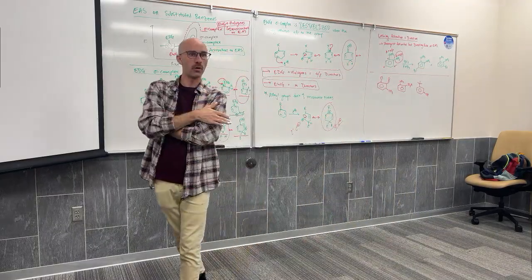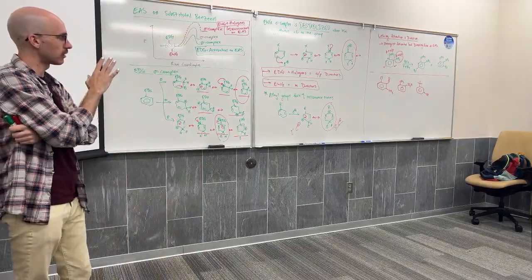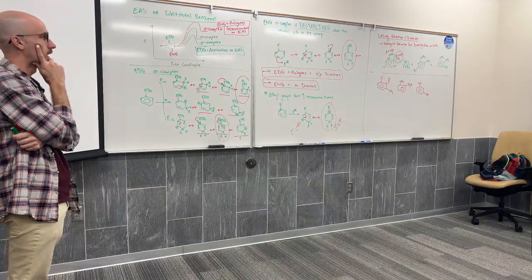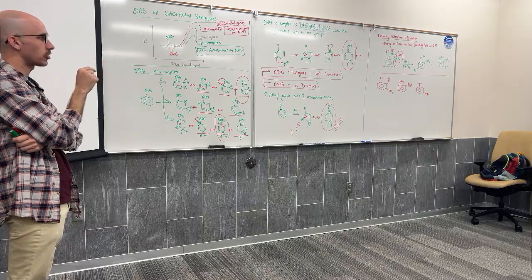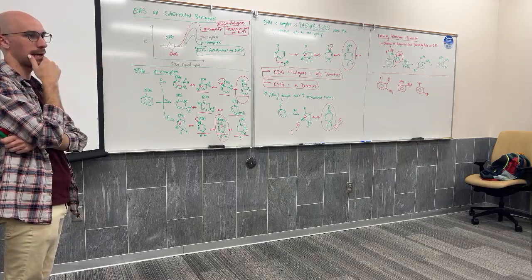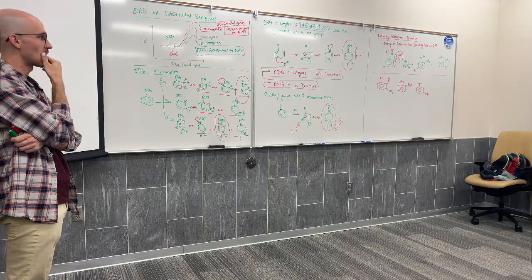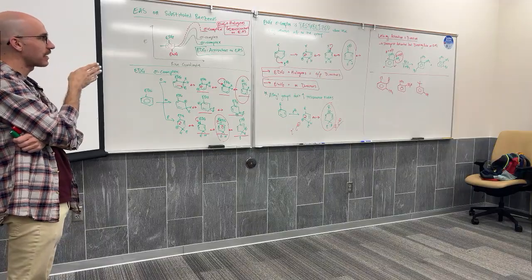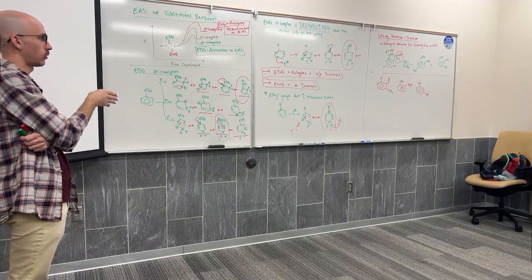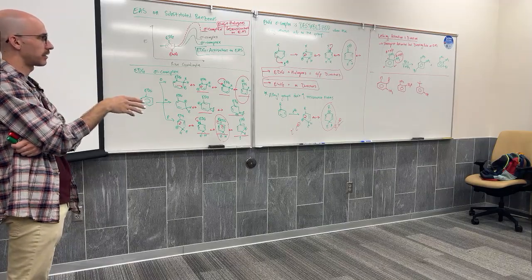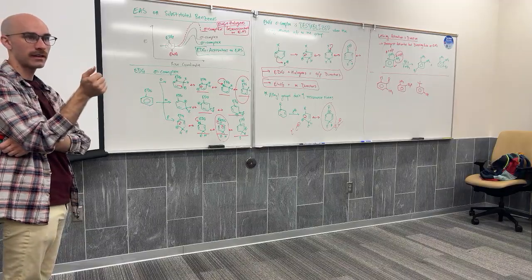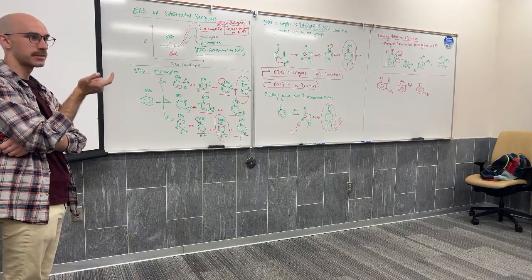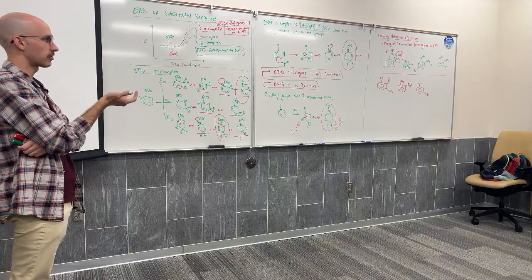So one of our goals should be to look at a molecule like this and say, how does each group play a role in the reaction in EAS? Is it an activator, a deactivator? Is it ortho-para directing? Is it meta directing? Then we should be able to find the strongest activator and find positions on the ring that are most likely to react.